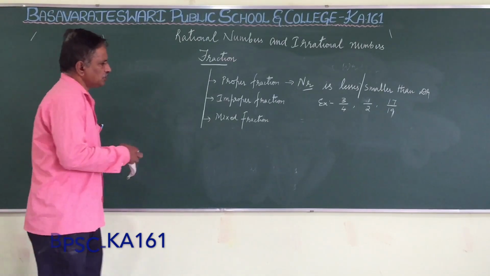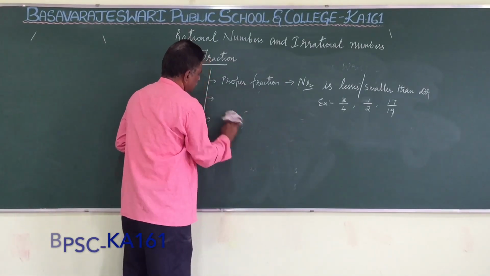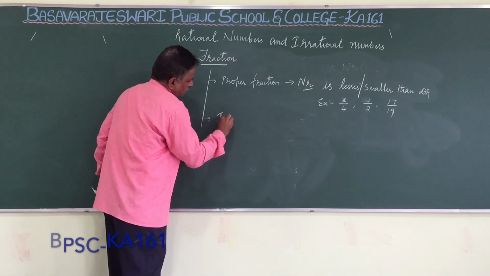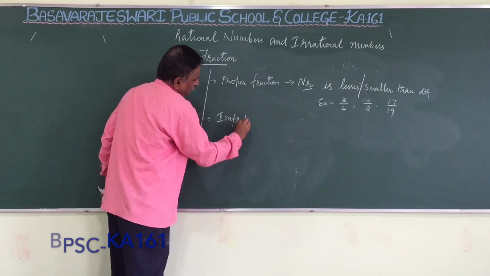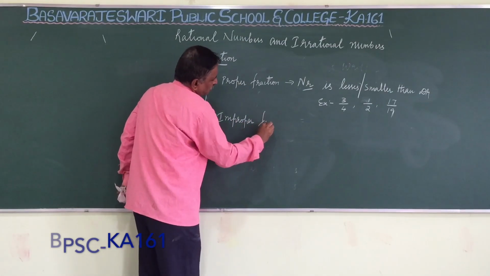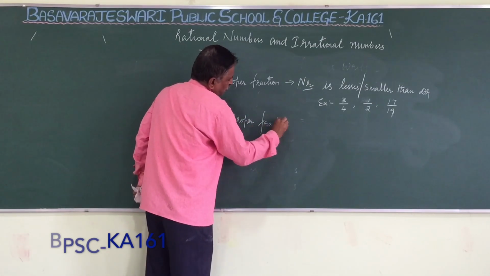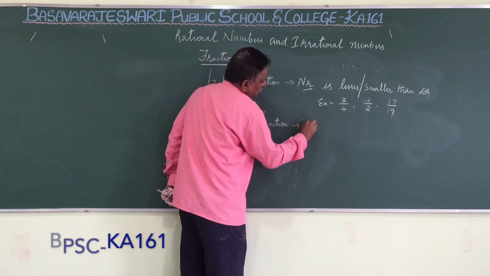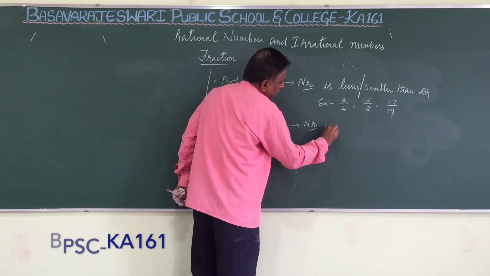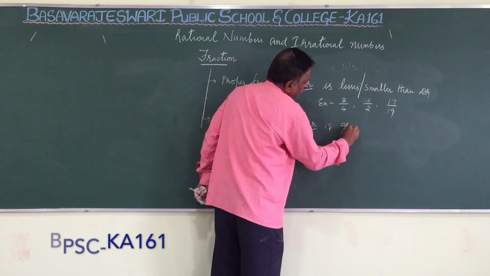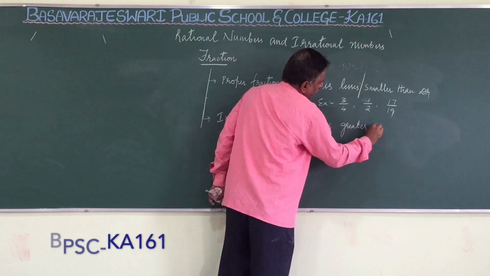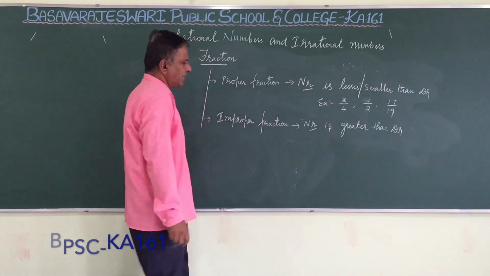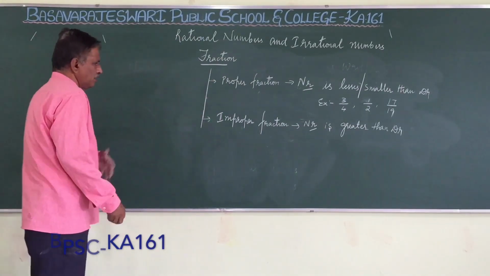The next one is improper fraction. In this, what happens? Numerator is greater than denominator. Simple.